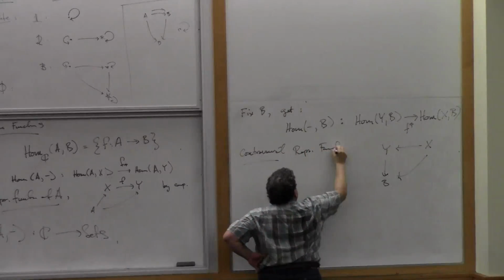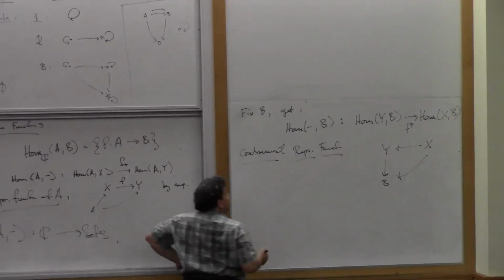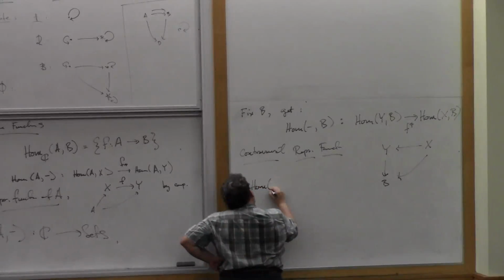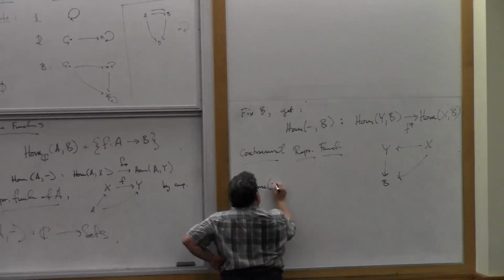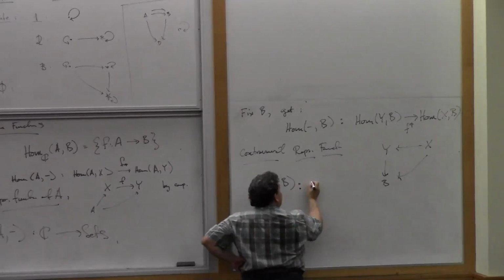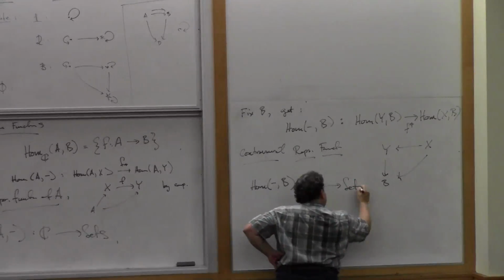Okay. These are really quite important, and you'll see later on what they're good for. Contravariant representable functor. So that's B. It's contravariant in the first argument, and so that's going from C up into set.